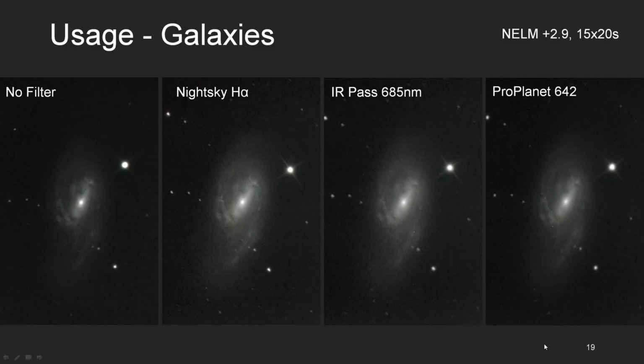Here are 4 images of the galaxy M66 in Leo captured from my urban backyard using 4 different filter configurations. All 4 images represent the same total exposure time of 5 minutes. There is a clear advantage to imaging the galaxy in the IR band, consistent with my predictions.